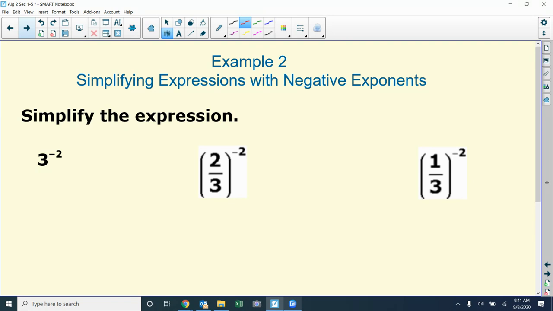So to write this as positive, it's going to be 1/3 to the second, right? That would make it a positive, but then we know that ends up being what? 1/9.